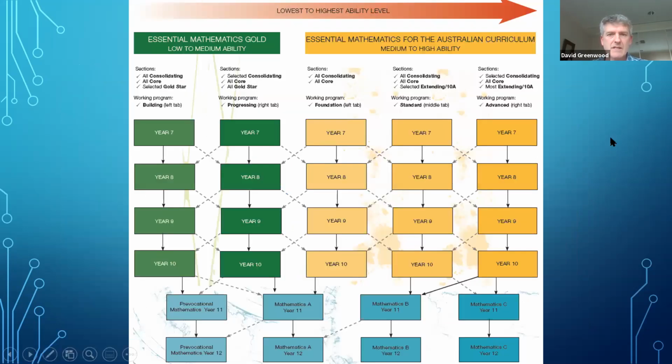Okay, this is just a quick summary of those 5 options. So the 2 work programs are the green columns on the left, and the 3 work programs are essentially the work programs for the essential math. So these are just 5 suggested columns or pathways leading to the courses, essential, general methods, or specialist at year 11 and 12.